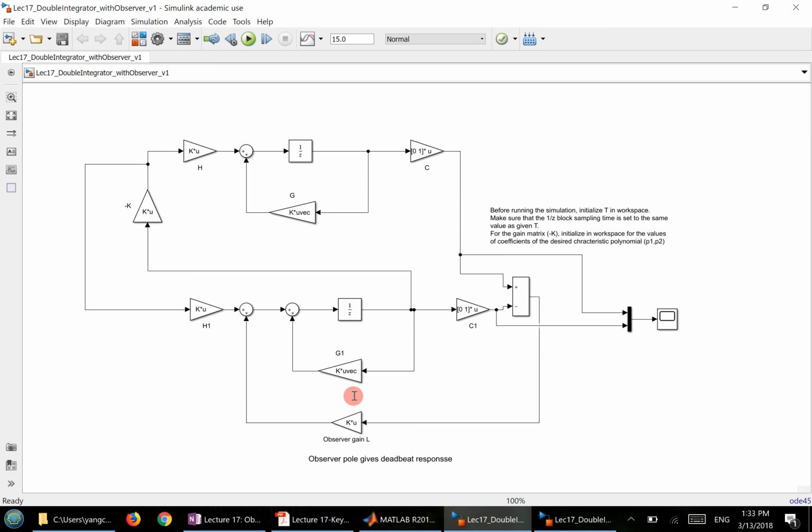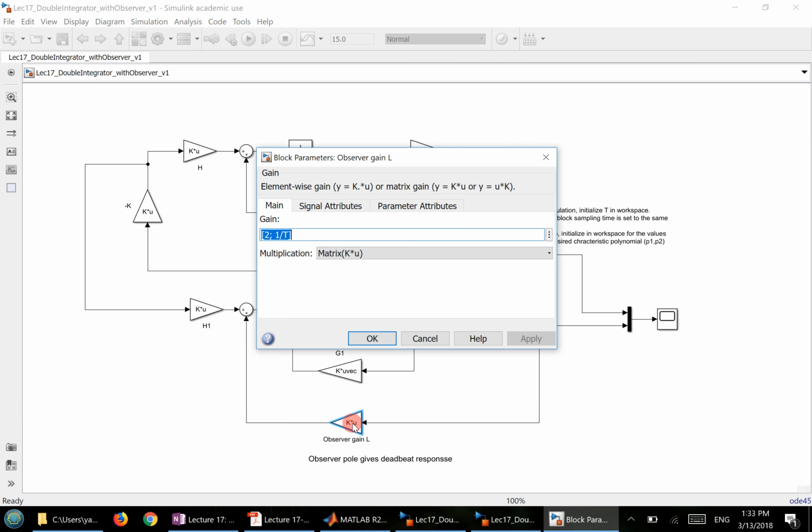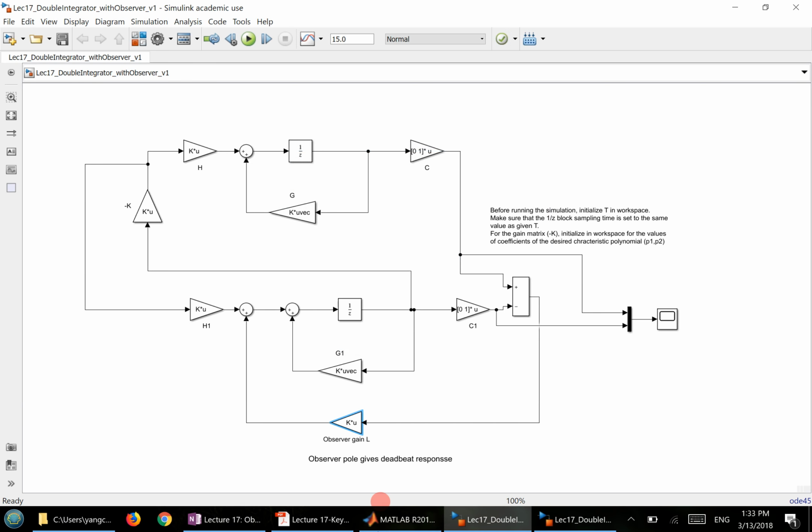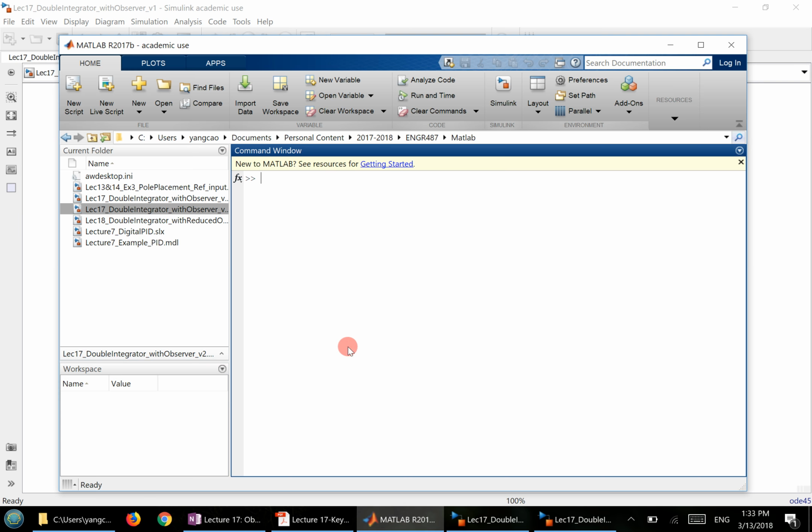If you double click on the L, for example, I have 1 over T, that's the calculated deadbeat observer value. In this case you do need to type in the T value first before you run the Simulink.